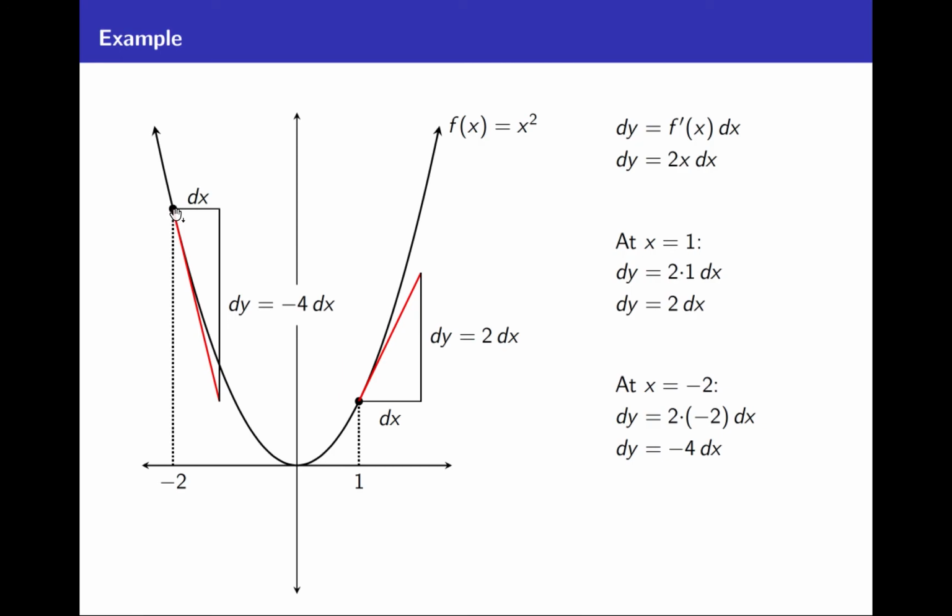And look at the tangent line. You know the tangent line is going to be f prime of minus 2. That's 2 times minus 2. The tangent line has slope minus 4. And we get the equation dy is minus 4 times dx. And that just means for a run of dx, your rise is dy, which is minus 4 times dx. So whatever dx is, your dy is minus 4 times that.